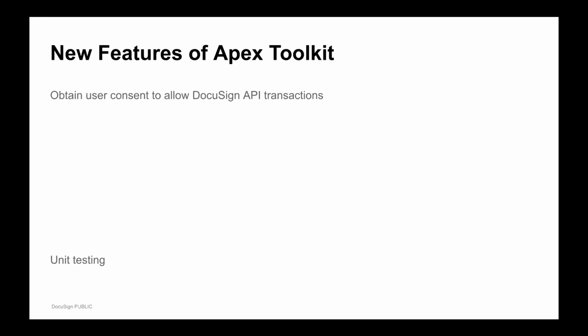So in that particular instance, instead of being stuck with the exception that the user is not authorized to send an envelope, this custom component could be wired up with an Apex Toolkit method to instead redirect the user to provide their DocuSign credentials and hence provide their consent to proceed with the transaction.